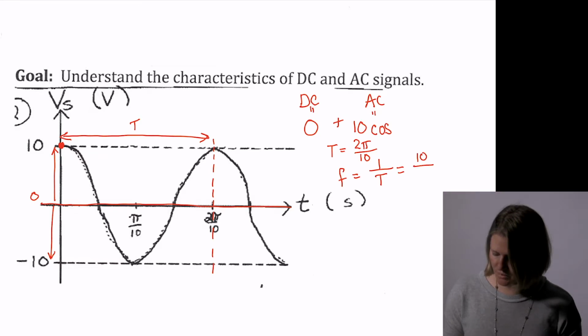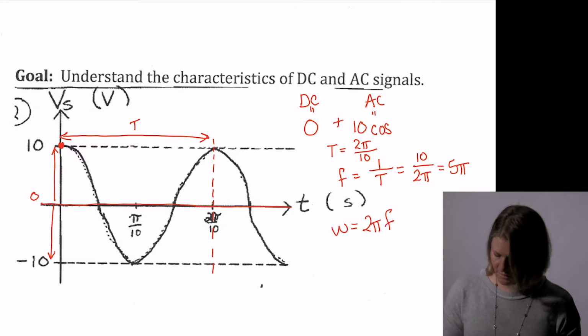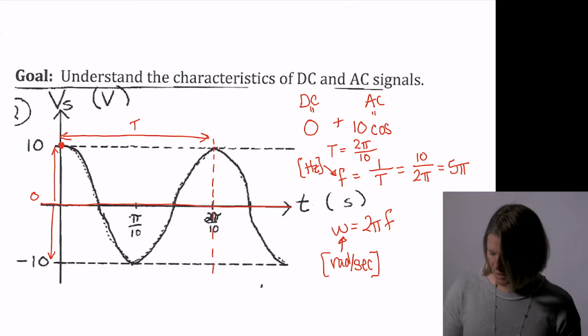And so the frequency is going to be 10 over 2 pi, and so 5 pi. And so therefore our omega, again, omega is in radians per second, so make sure you understand the units that are being used, where frequency is in hertz. And so omega here is going to be 2 pi times this frequency, which is 5 pi.